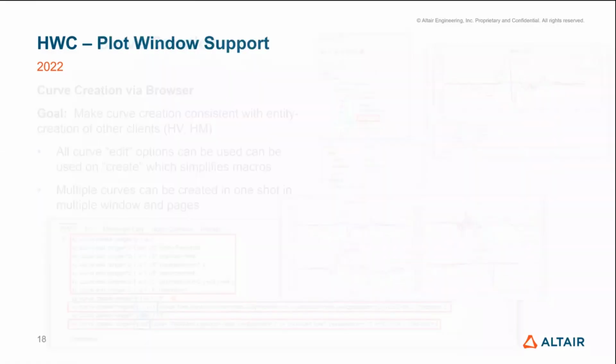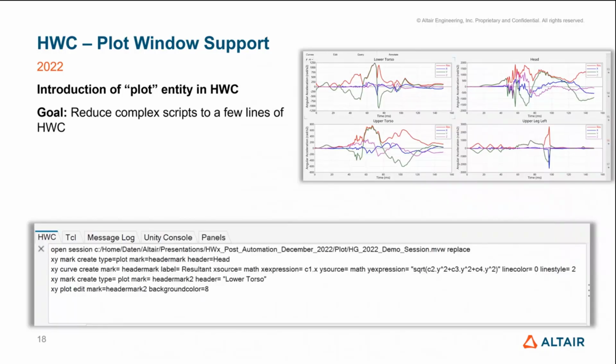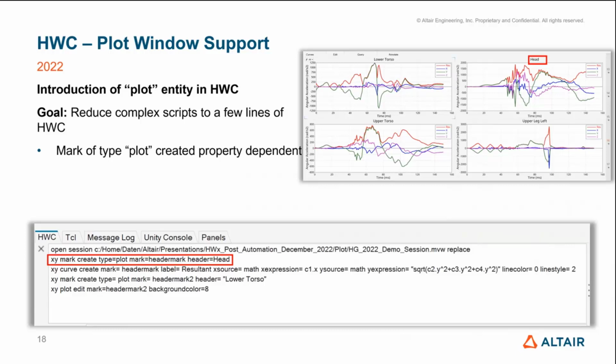In addition, we also added the plot window support. This is pretty powerful. This plot entity in HWC allows, as we have seen, to create curves, but it also allows to really reduce complex scripts to a few lines of code.